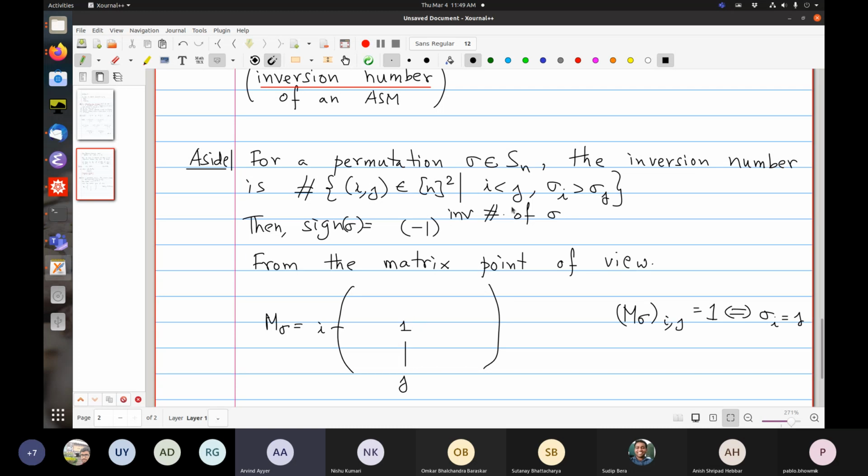And so what does it mean? I less than j, okay, maybe this is an unfortunate choice of terminology, maybe I'll call it something else. So I want i less than j and sigma i greater than sigma j.